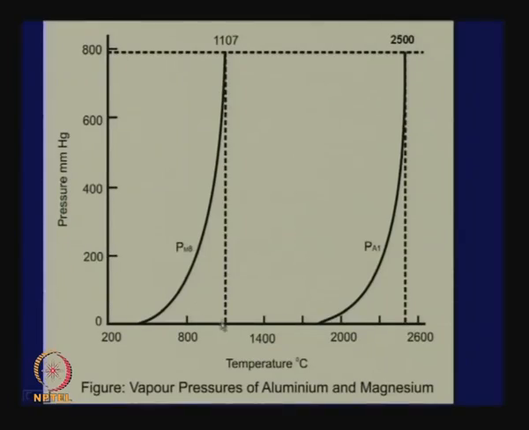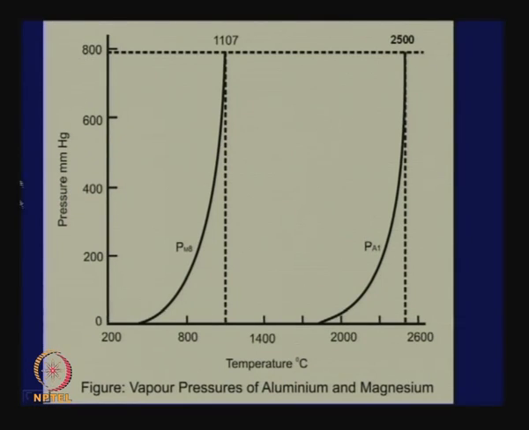We can also separate magnesium and aluminum by the same principle. Here are the vapor pressures of magnesium as a function of temperature, and the vapor pressure of aluminum as a function of temperature. You find that magnesium acquires very high vapor pressures at relatively low temperatures compared to aluminum, which needs higher temperatures to come to the same values of vapor pressure.